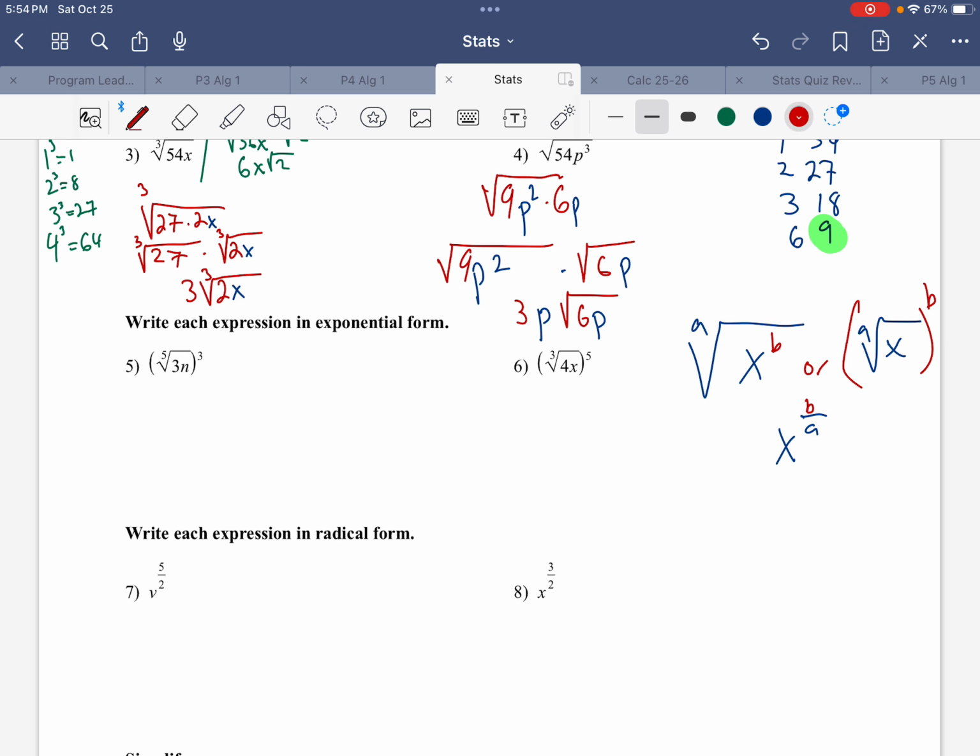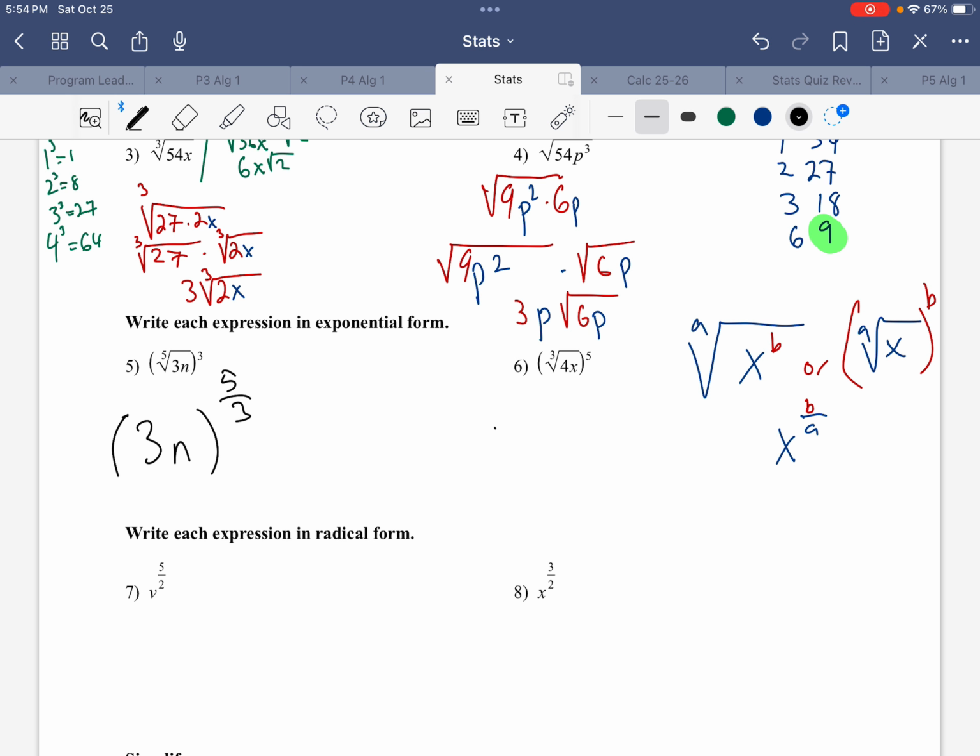Be careful. Make sure that you're not writing just 3n to the 5/3. I saw this a lot last year. This is not telling me to raise 3 to the 5/3. This would look like 3n to the 5/3.